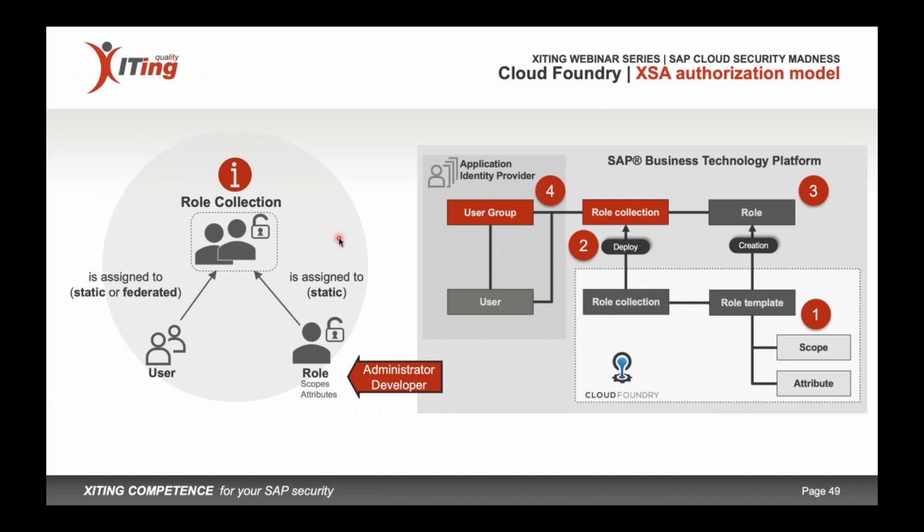And again, the authorizations can be assigned to users in a static and manual way, but the better approach is to use a federated role assignment. That happens during the login using a SAML token and a SAML group mapping. This is exactly where authentication and authorization work closely together.